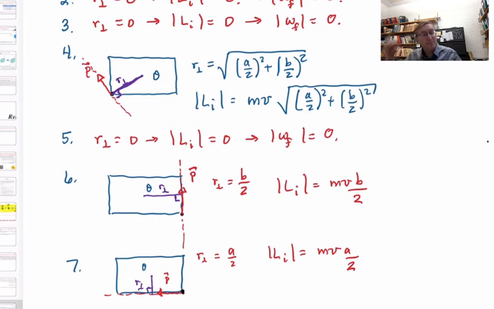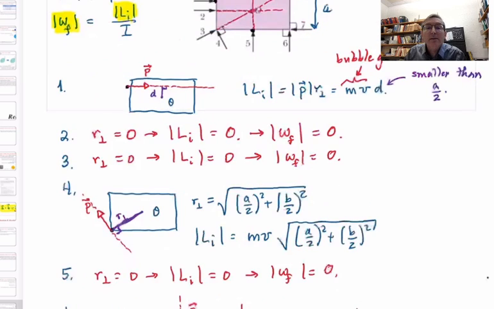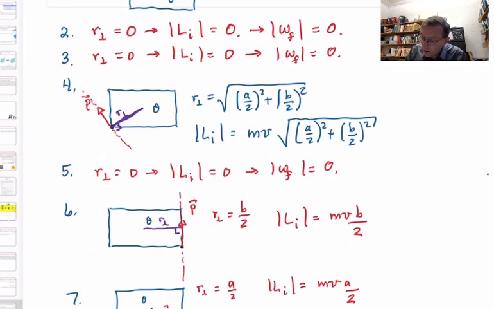Now we just have to rank them. It all boils down to the moment arms. Much like an earlier class engagement exercise where we ranked torques on a square-shaped object by ranking moment arms. In any event, we have this angular momentum up here, mvD, and then, of course, we've got several that are 0.